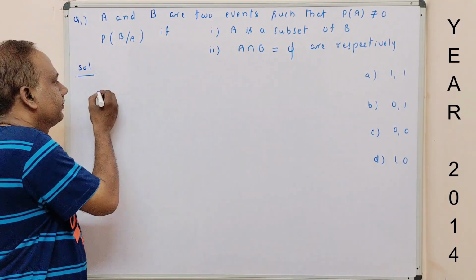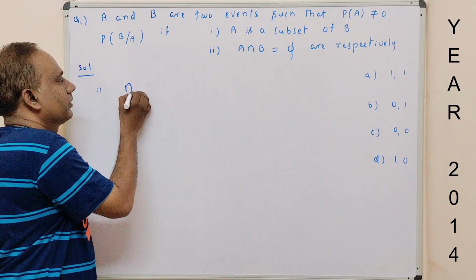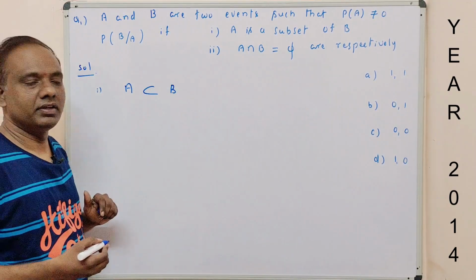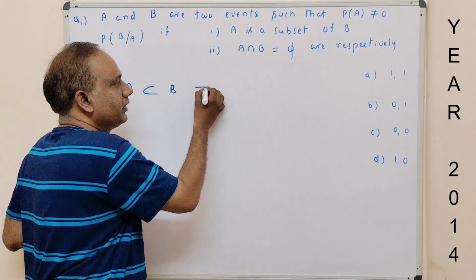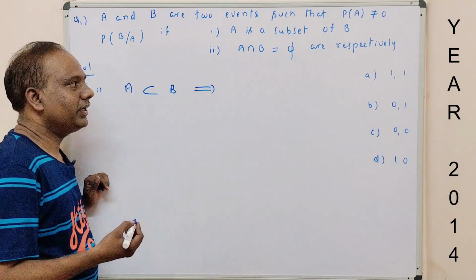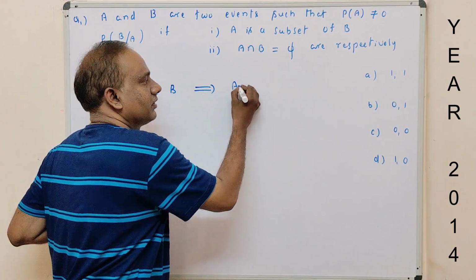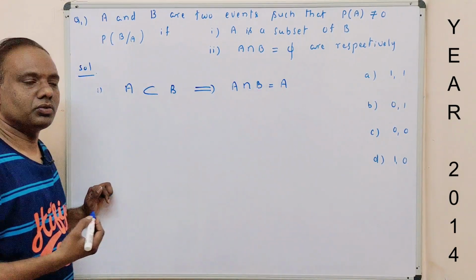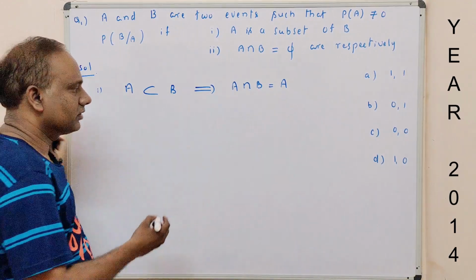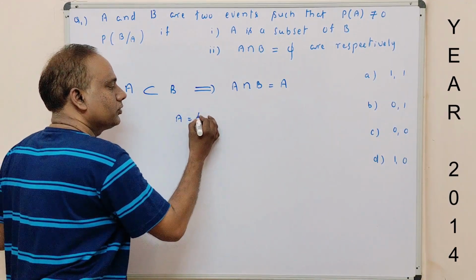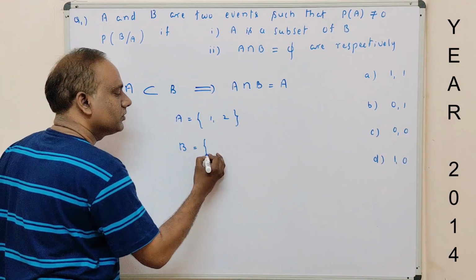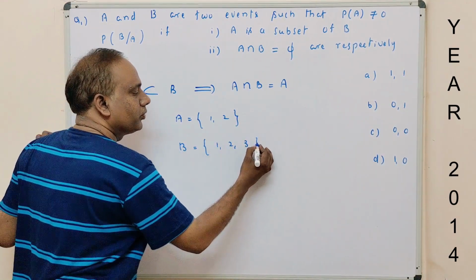First one, A is a subset of B. The meaning is A intersection B is equal to A. First I'll explain how. Suppose A is equal to {1, 2} and B is equal to {1, 2, 3}.